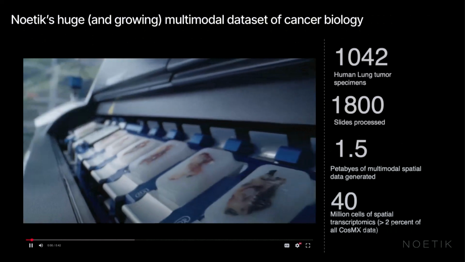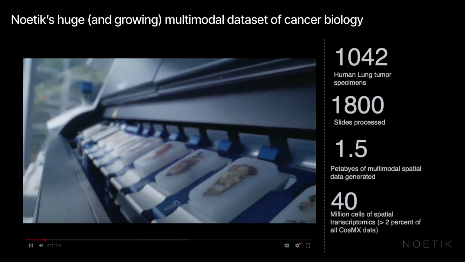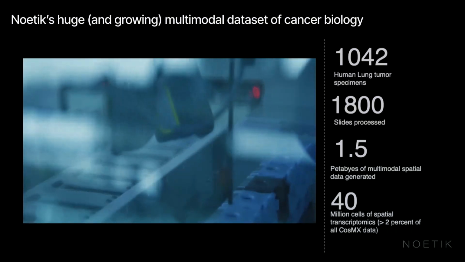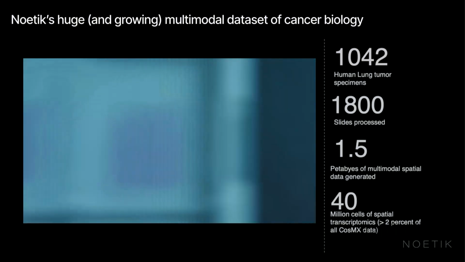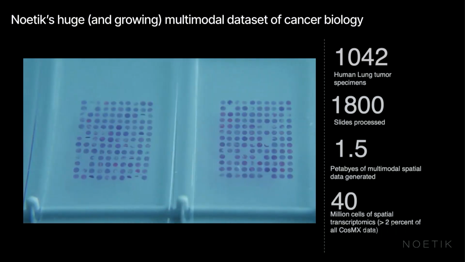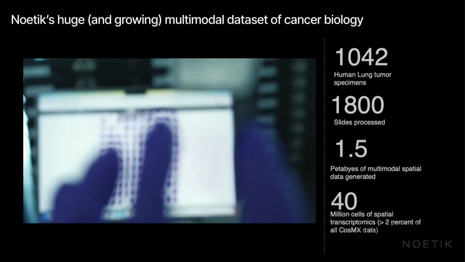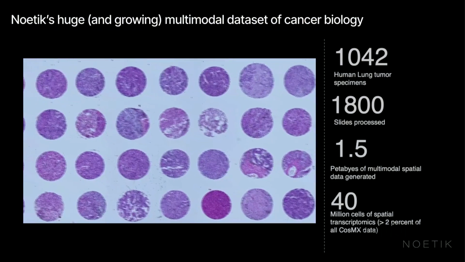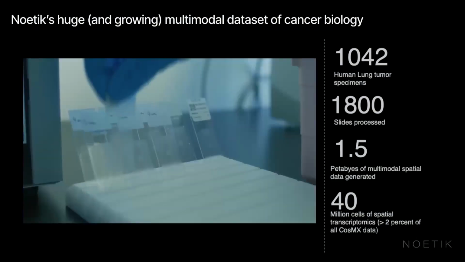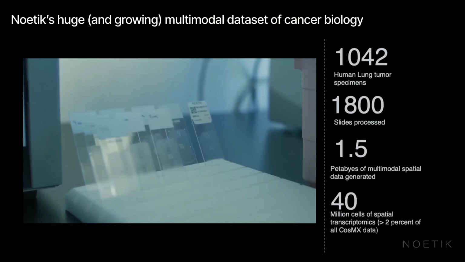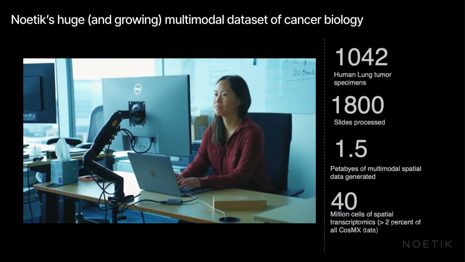So our approach to this is first we need to deploy our sensors and collect a bunch of data. This is a video of our lab up in South San Francisco in action. So what we do is we get human lung tumor specimens and a few other tumors from a few other organs. These numbers are also a little bit outdated at this point, but we source our tissue blocks.